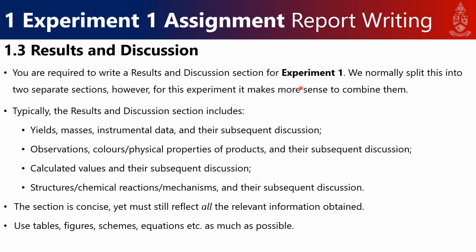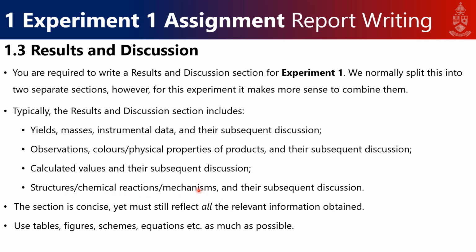So basically, that's why we combine it in this case, because otherwise your results section is going to look really sad, and your discussion section is also going to look really sad. But typically you would separate the two, because in a typical sense, you would have in your results section just a listing of your yield, your masses, instrumental data, observations, color, physical properties, calculated values, subsequent discussions, structures, chemical reactions, mechanisms.